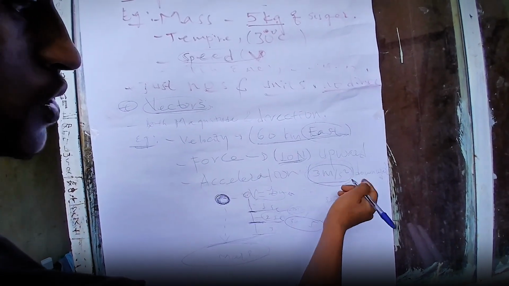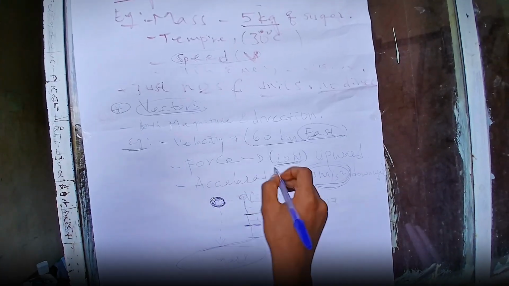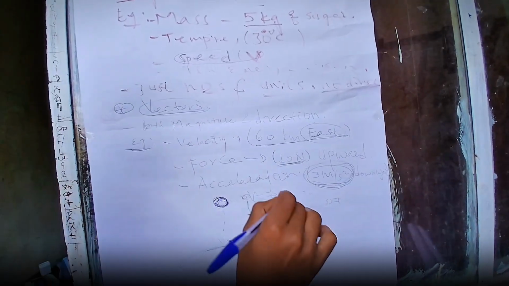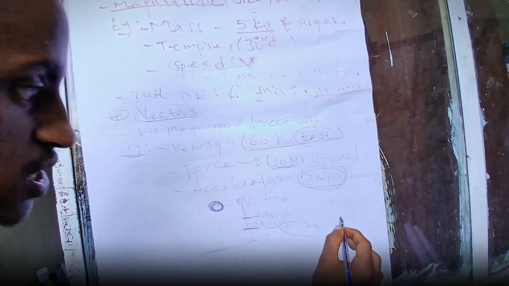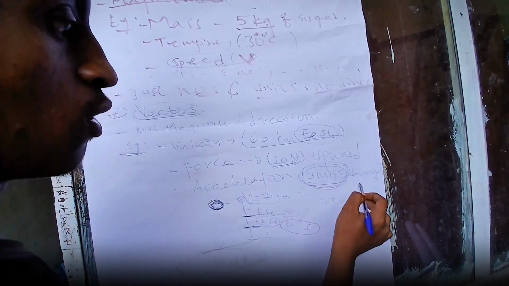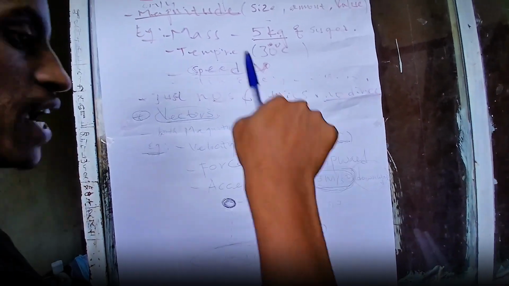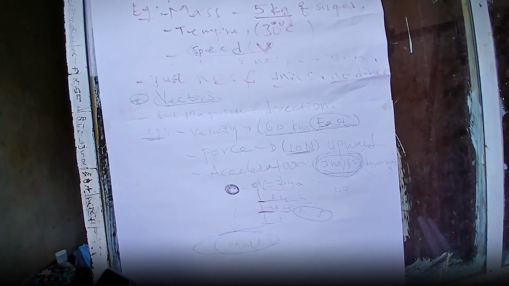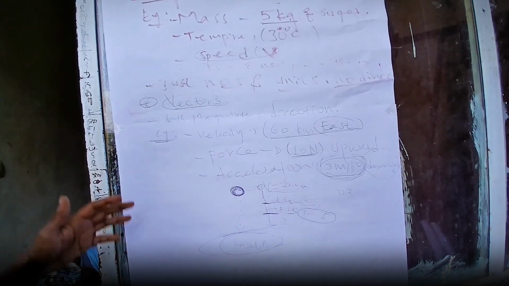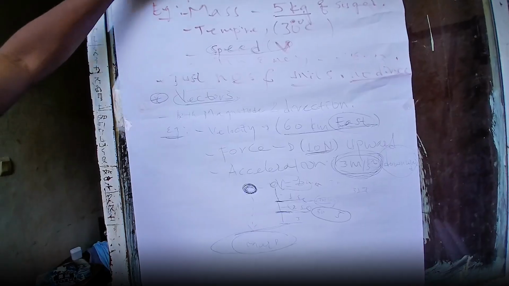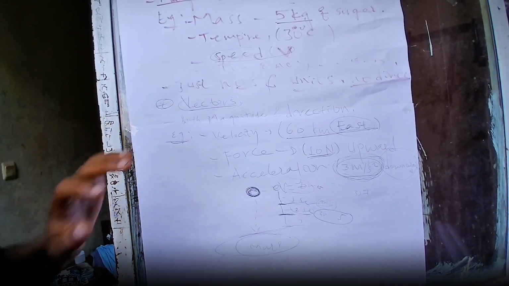It has 3 meters per second change in each second, and the direction is downward, toward the Earth or Mars. So this is the concept of scalar and vector quantities.